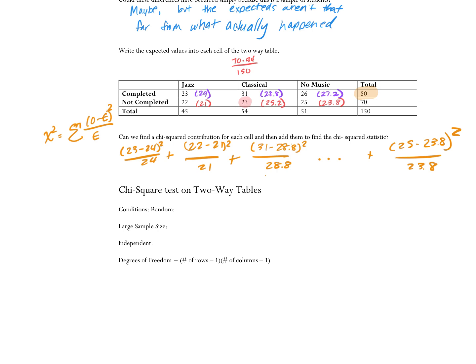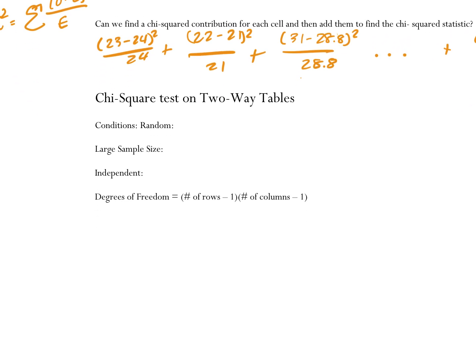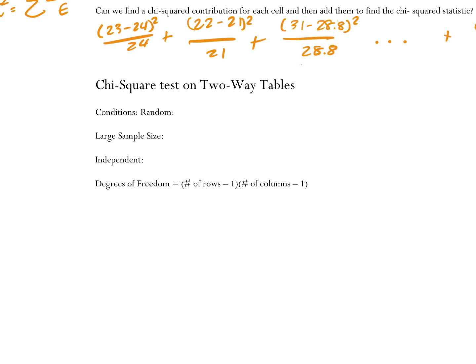All right. So, you guys, our conditions for any of the chi-square tests that deal with two-way tables are random check, same as always. Does anybody want to guess what the large sample size condition will be? Our expected counts are greater than or equal to 5.